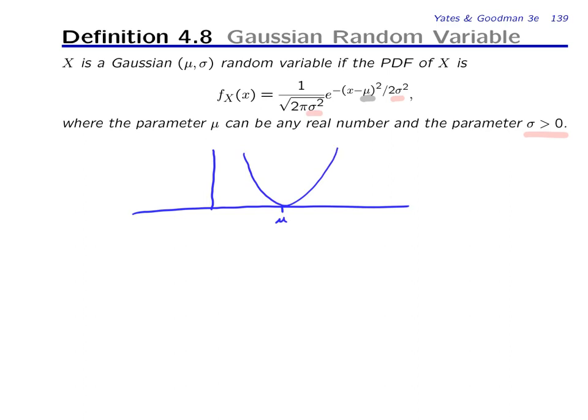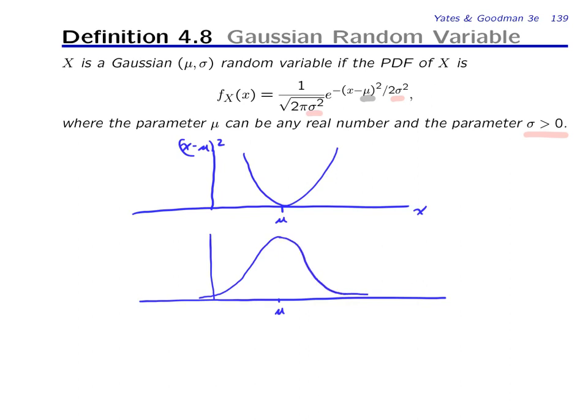It goes to 0 at x equals mu. And then from there, you know that e to the minus something gets smaller as the something gets bigger. So in fact, at mu, the Gaussian PDF is maximum, and then it falls off and goes to 0 as x minus mu squared gets large.